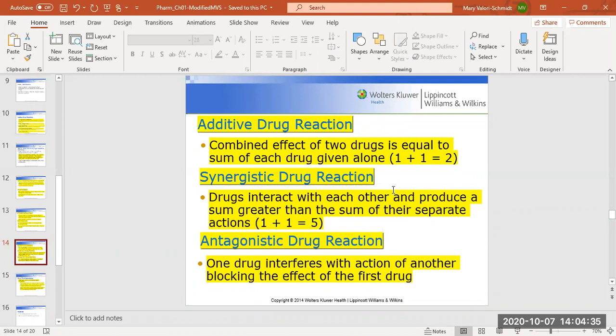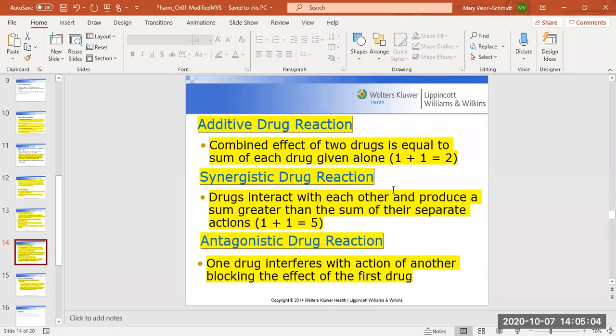Each of them alone does their thing, but if they're taken together, 1 + 1 doesn't equal 2. 1 + 1 = 5. Each of them will kind of exacerbate the other, and the patient will be what we like to call in the business AFU, or snowed, right? They'll be very, very sedated, okay? Which they would not have been had those drugs not been given together. So a synergistic drug reaction is 1 + 1 = 5.